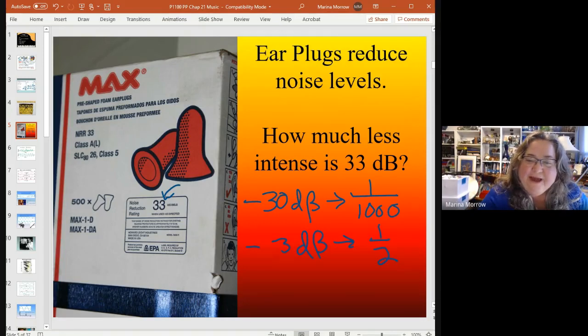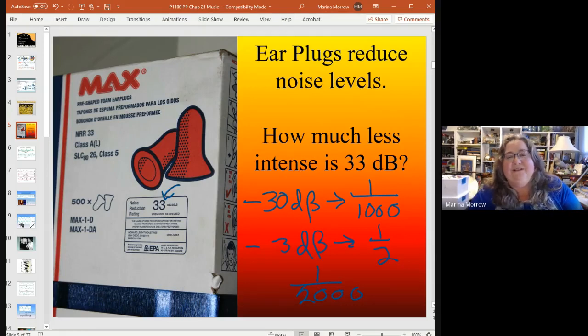And then you multiply those two together, and so all together that's going to reduce the noise by 1/2000th. So these are much better than the ones you buy in Walgreens, where they're just cutting it down by 1/10. All right, so the higher the decibel rating, the better the earplugs.